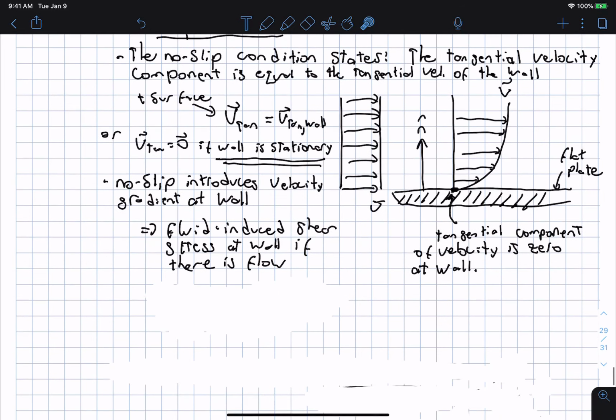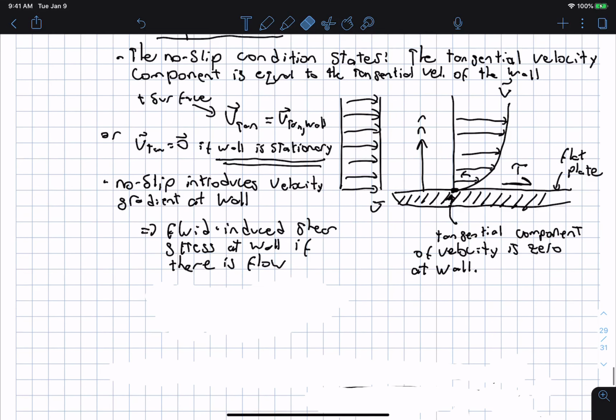Okay, and so now at the surface here we have a shear stress, tau, that is slowing the fluid down, but it's inducing a shear stress that is trying to basically move the plate forward like that.